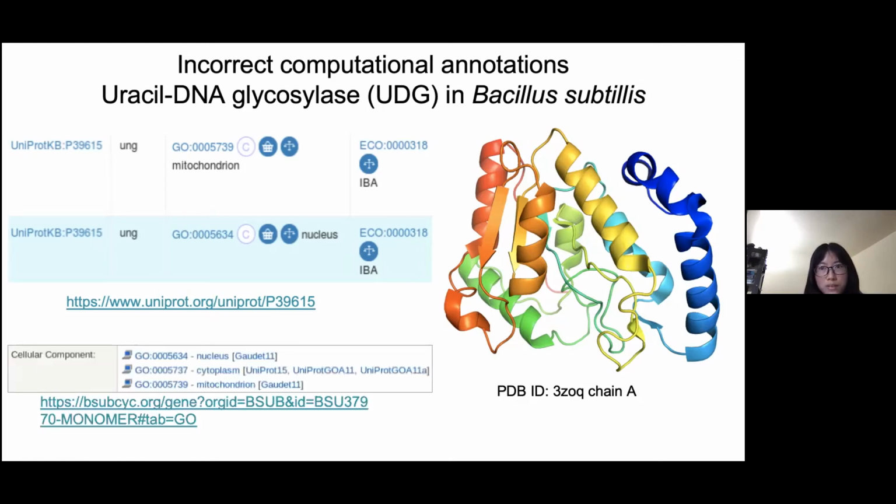We can see that in this Bacillus-specific database, they also assign this protein to the nucleus and the mitochondria. So we know that in bacteria there is no mitochondria and nucleus. So this is also an error.